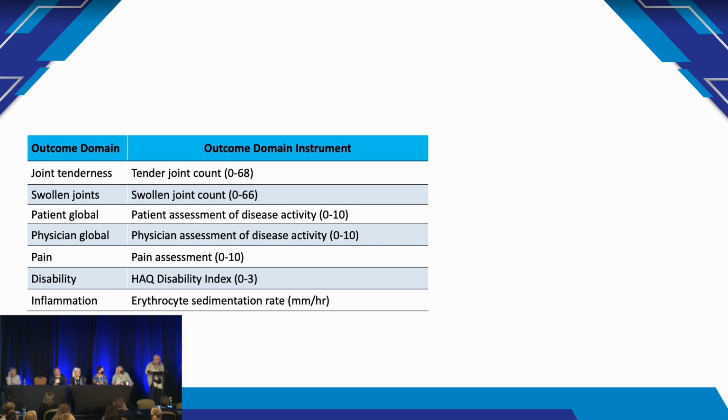So what we did in this response, we wanted to take tender joint counts. And we thought a good response was to at least get 20%. All right? And then we did swollen joint counts. And we wanted to make sure that that was 20%. Now, these were two very important ones, and we actually decided that through those cards I showed you that were in the envelope.